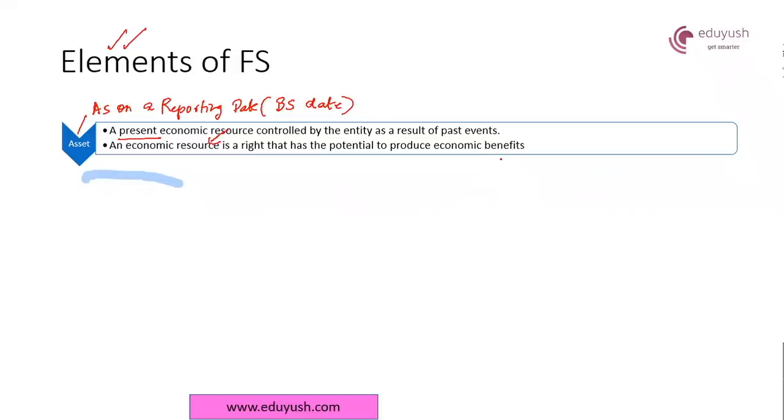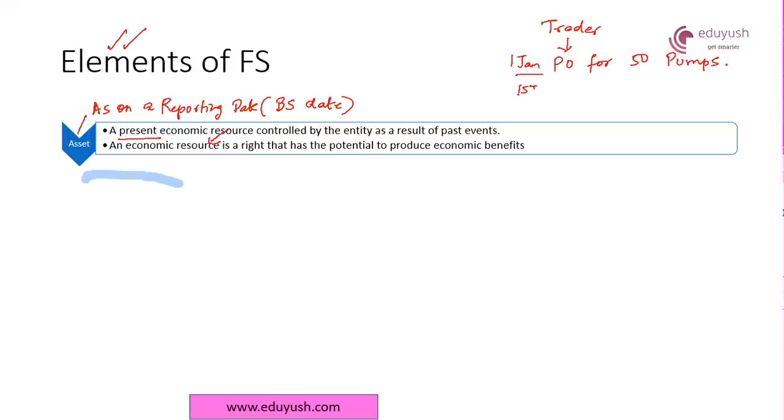So suppose you have gone to a trader and you had a purchase order for 50 pumps. This happened on 1st of January.